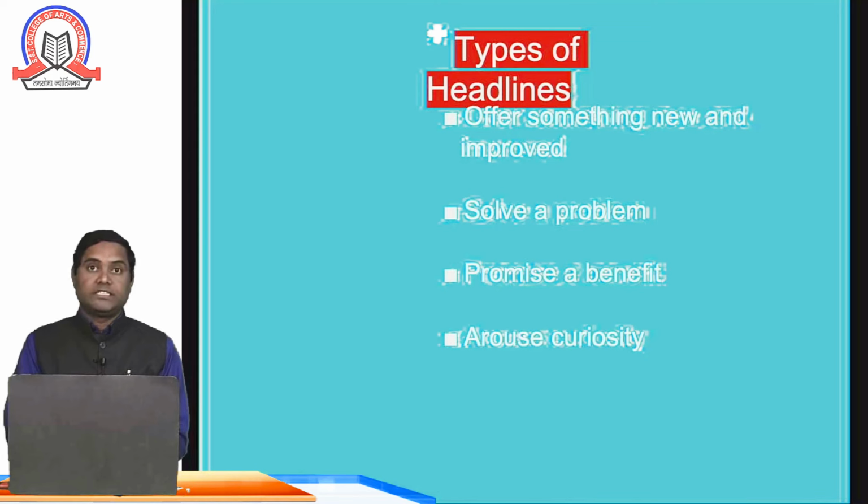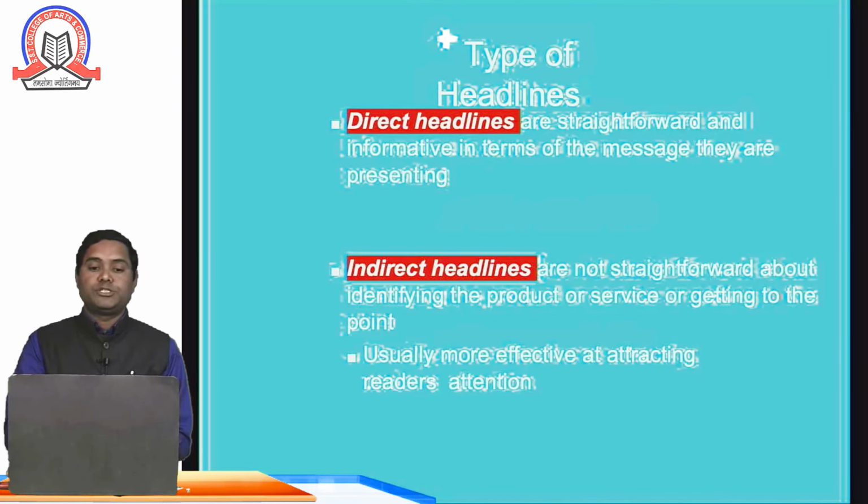So there is another type of headline which solves the problem. Then there is promise a benefit. Sometimes a product promises the customer some benefit, and it is written in the headline. Sometimes headlines arouse curiosity about the product. The reader reads the rest of the advertisement to find out what is in the product and what the benefits of that particular product are. So there are different types of headlines.